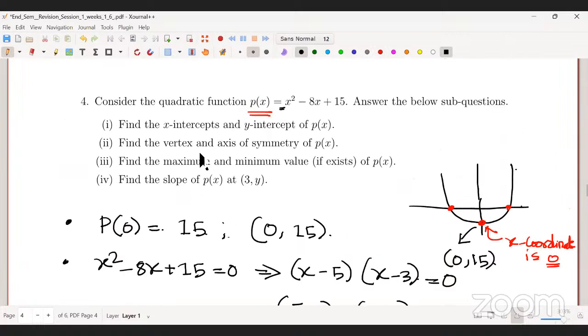Then you need to find the maximum or minimum value. Minus 1, which is the minimum value.